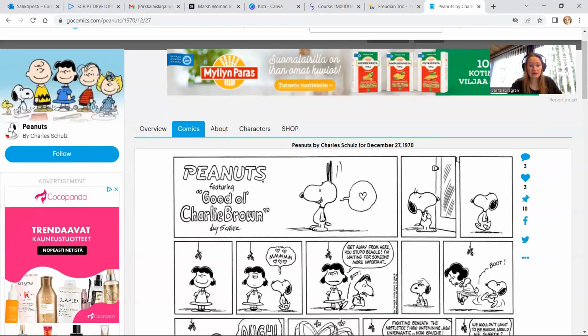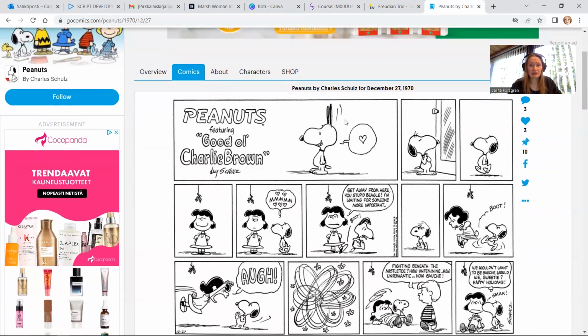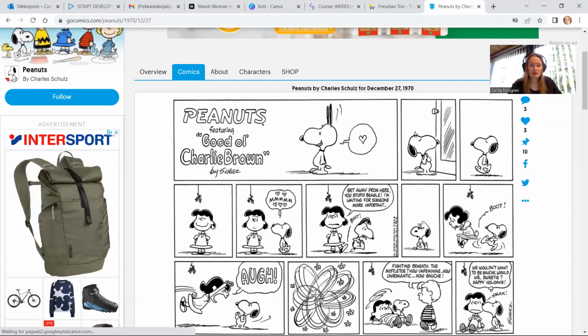Here we can see that it's New Year's Eve, and Snoopy sees somebody he might like to kiss. He's a little bit infatuated, and he looks in the mirror to check that he looks nice and goes over, and there's a girl, Lucy, under the mistletoe.